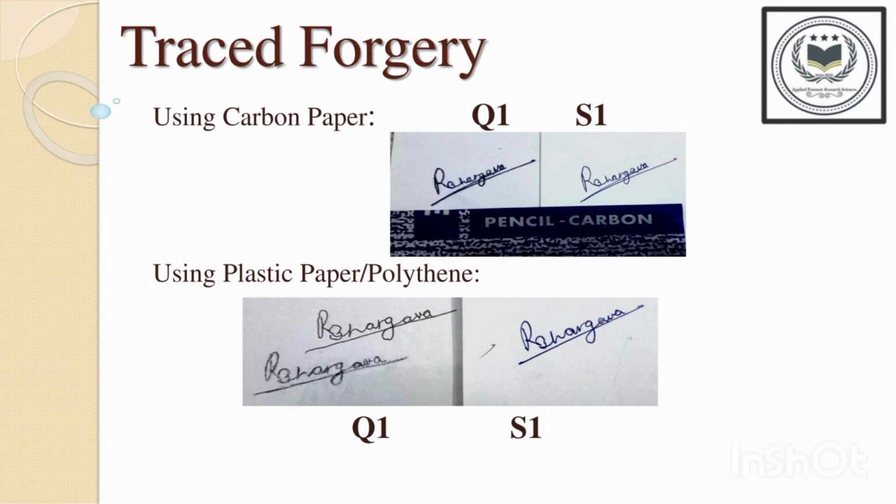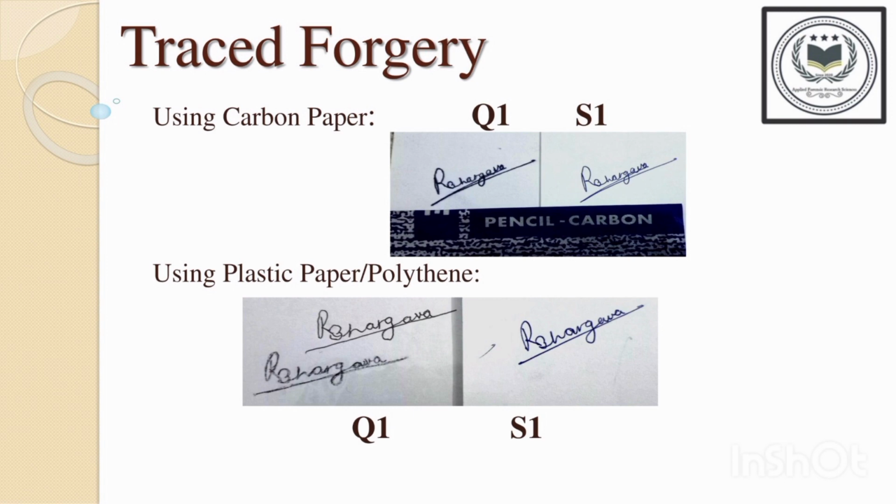It is scientific that everyone has an individual character that cannot be copied. In traced forgery, the forger is detected as he or she makes some differences, because the individual characters are not the same.